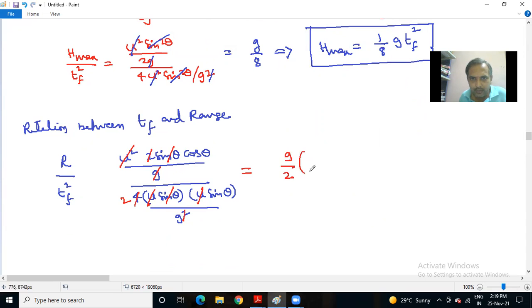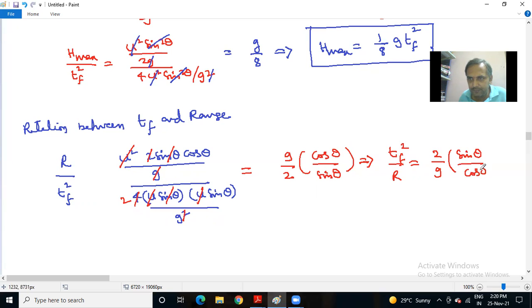So this can also be written as Tf square by r is equal to 2 by g, sine theta by cos theta.